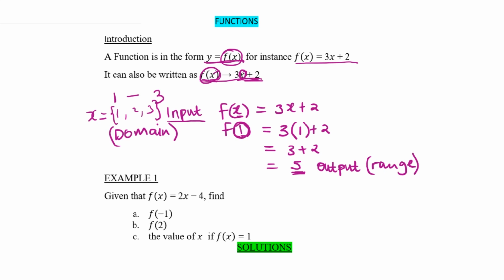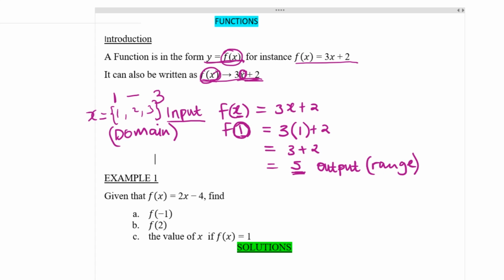So in the first example there, I just want to show you how you can find the value of the range when you are given the domain. So in other words, we are finding the value of the range when you are given the domain. So we go direct into example 1.